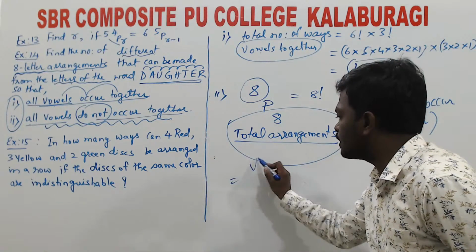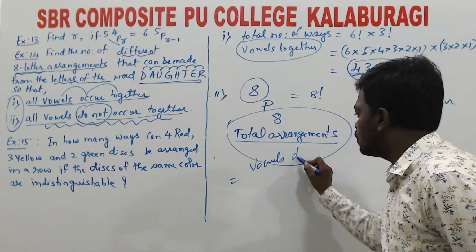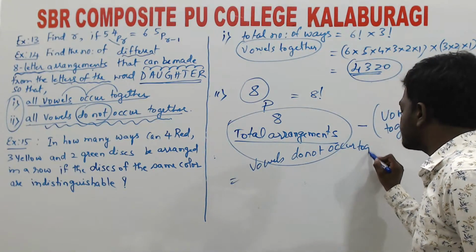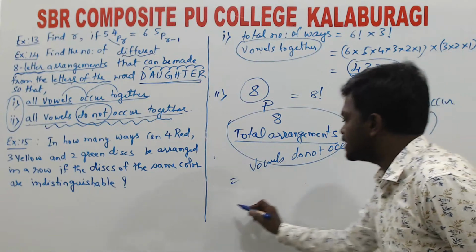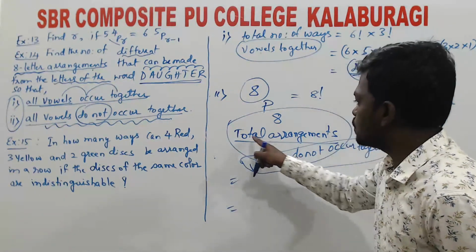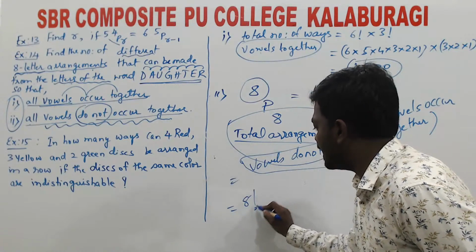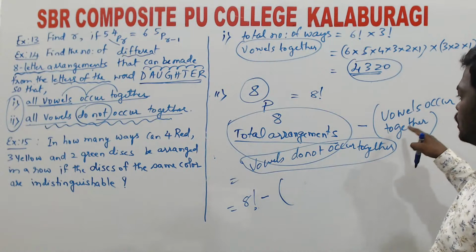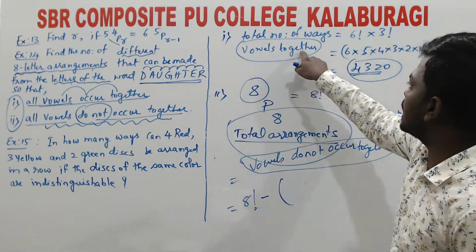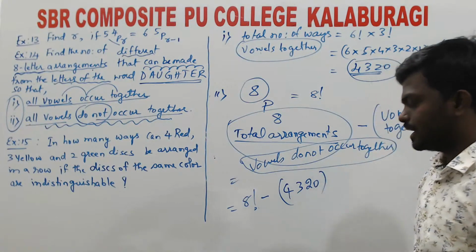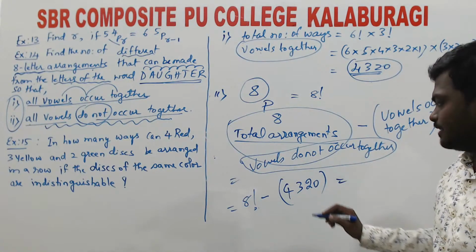So what will we get? Vowels do not occur together. Right, students? So the total arrangements is 8 factorial minus vowels occur together. What's the answer for vowels occurring together? 4320. Yes, students. So now, 8 factorial.